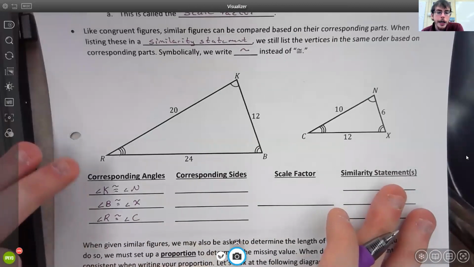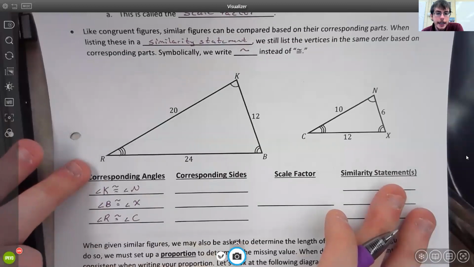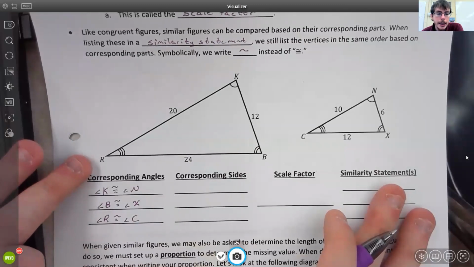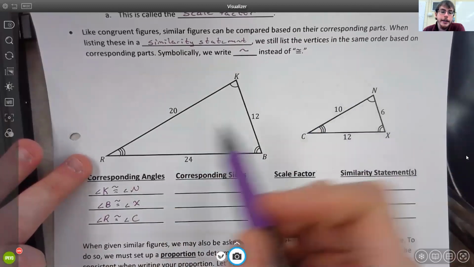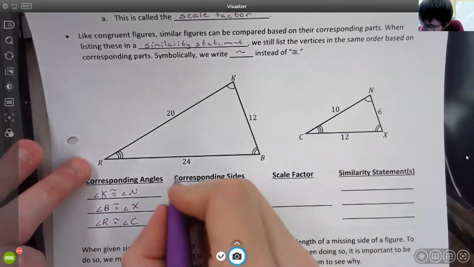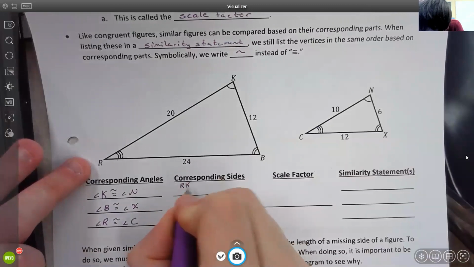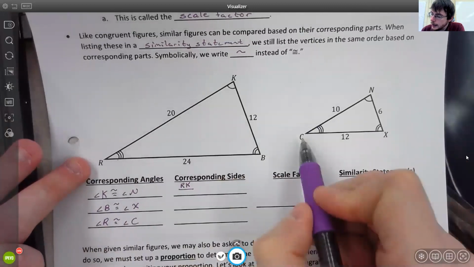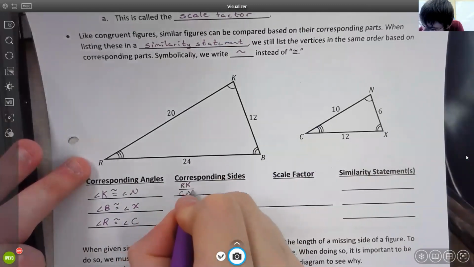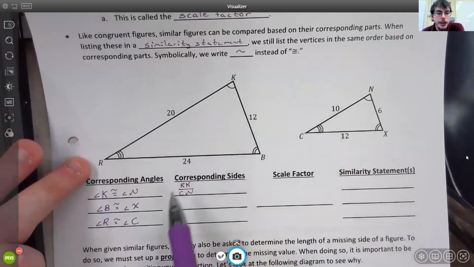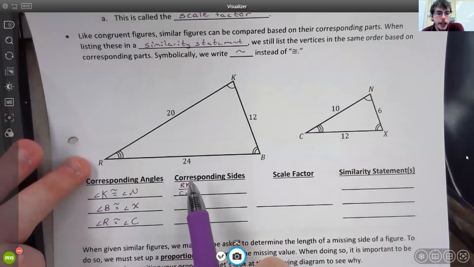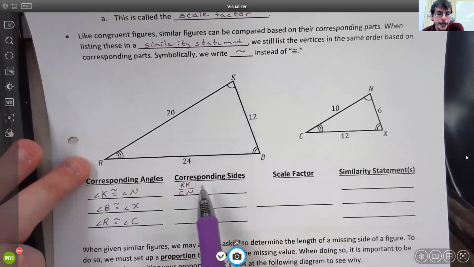All right, now we need to look at our corresponding sides. If we look here, we can see that RK and CN are corresponding sides. Since these are going to be similar figures, we need to write them in a ratio. So that's why I have RK over CN.